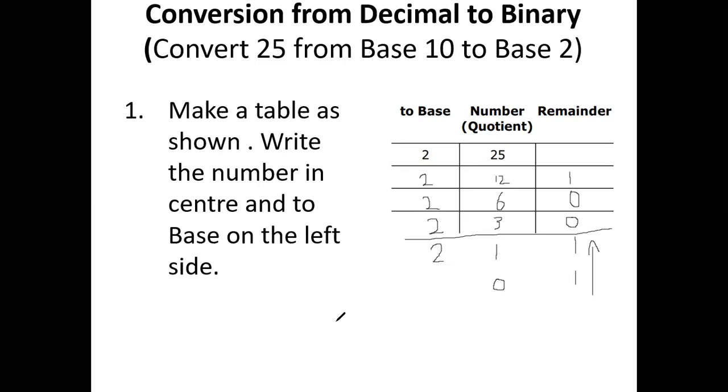So 25 in base 10 is equal to, you start from here, 1, 1, reading the numbers from the bottom going up like this. And then it's important to indicate the base, because if you don't indicate the base, the assumption will be your number is in base 10.